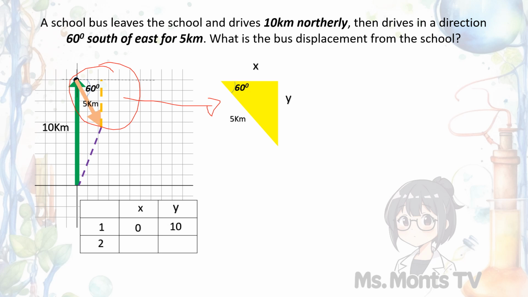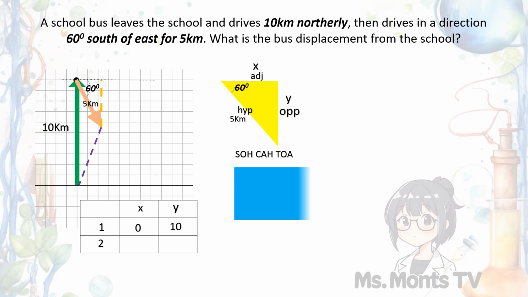Since this is the horizontal, this is the x and the y. The one beside the angle is the adjacent, and the one opposite is the opposite. SOHCAHTOA.